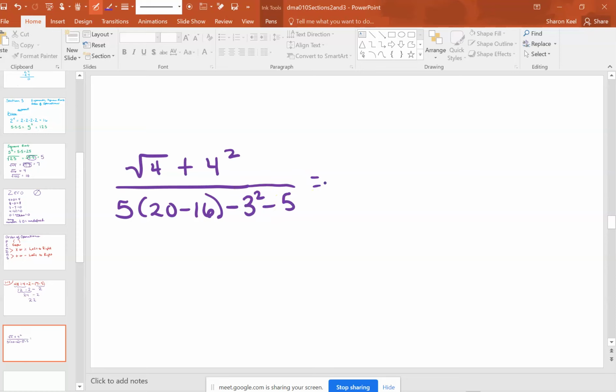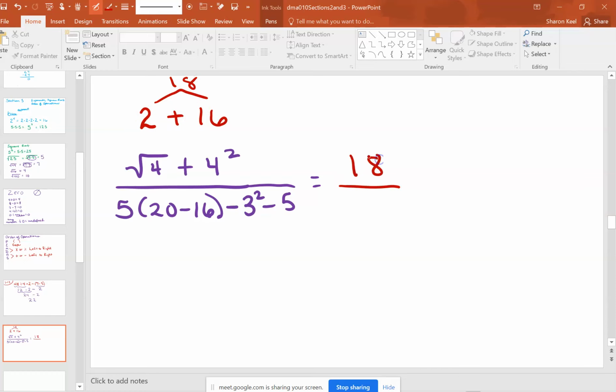As we do this problem, what I recommend is we simplify the top and the bottom. The square root of 4 is going to be a 2. And if I raise 4 to the second power, 4 times 4 is 16. Then we add 2 plus 16, and that's going to give us 18.